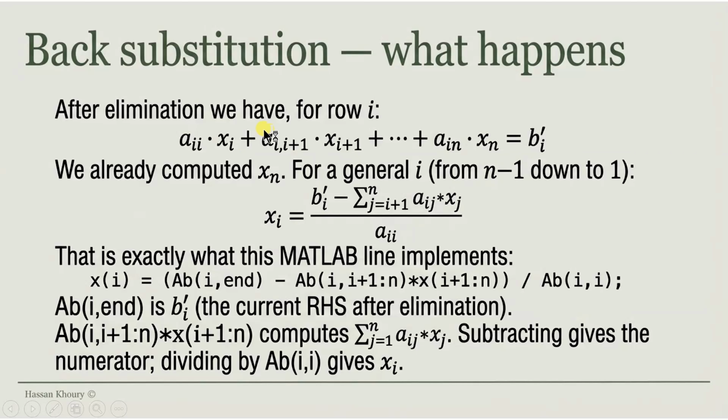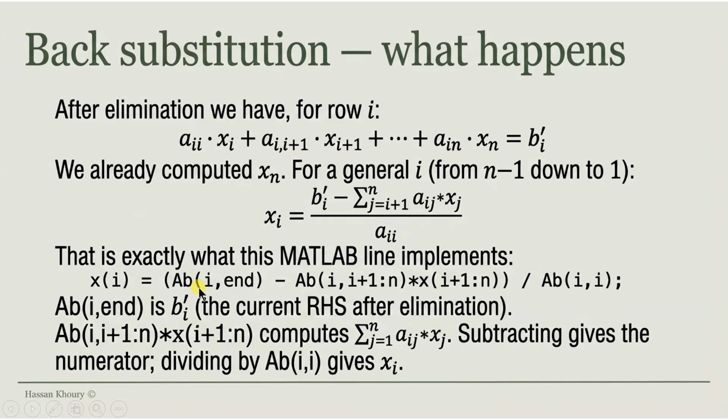Starting from here till here, we sum all the values and then subtract them from b_i dash. That's what we are doing here, and we are dividing it by a_ii. So that's how we can calculate x_i, and this is exactly what this MATLAB line implements.